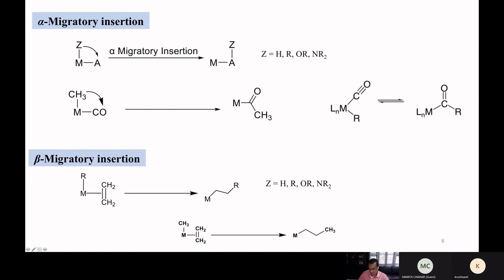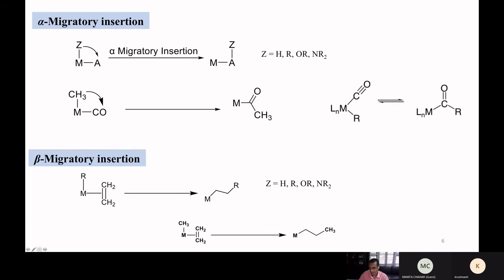So with respect to the metal, this is the alpha carbon, this is the beta atom, alpha, beta. So at the alpha position of this unsaturated molecule, whatever attachment is there, it could be any alkyl group, hydride, you name it, any substituent, if it is transferring to this alpha position, not the beta position.